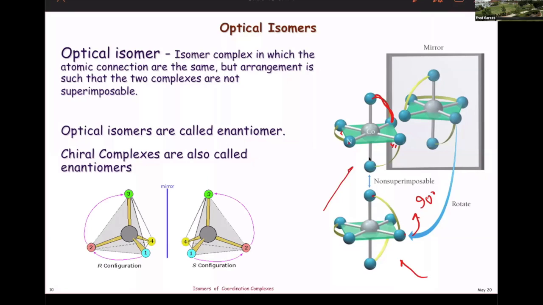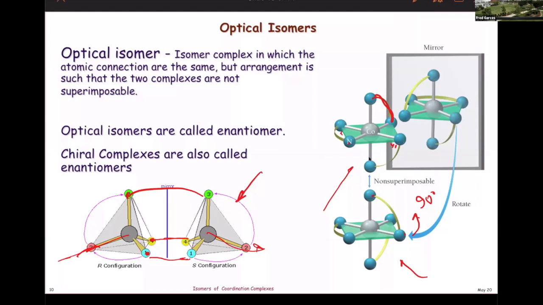Here are your tetrahedrals again, and again, notice all of these have four different atoms, or unique ligands, and they're mirror images of each other. Notice how this is in the back, this is in the front, these are on the top, this is behind. So they're mirror images of each other.